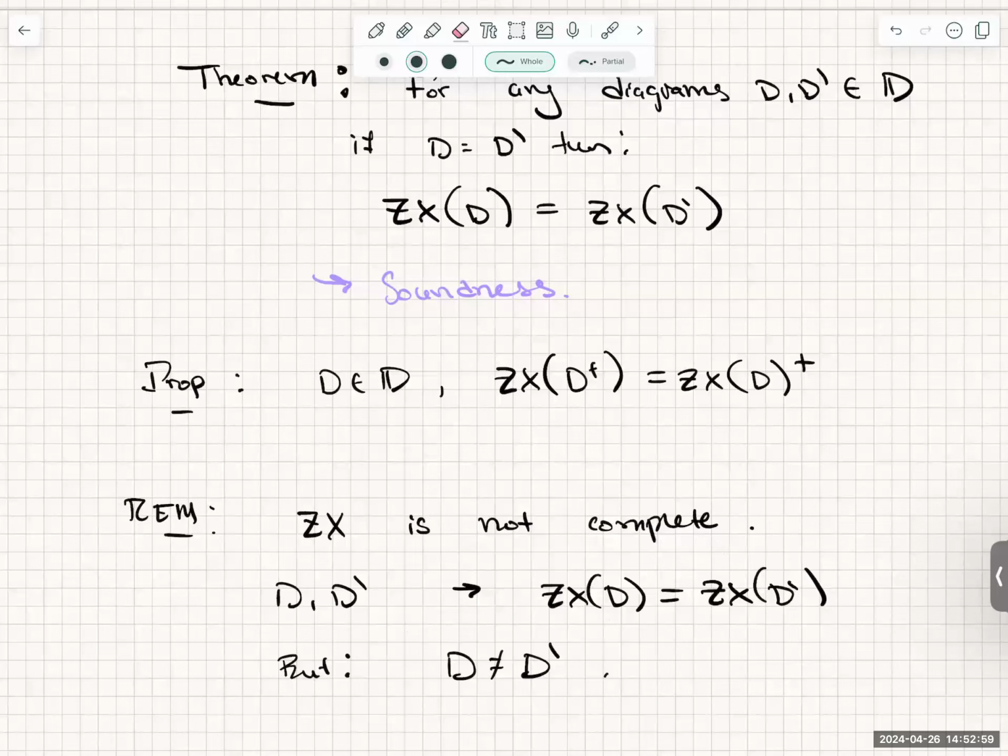Because you impose these rewrite rules, then you say ZX respects those, meaning if you can go from D to D prime with rewrite rules, ZX does the same thing. So that's good. Now you're saying the reverse doesn't happen. But saying it's not complete, I don't know. Is there a statement where you cannot write a finite number of rewrite rules such that ZX of D equals ZX of D prime would imply D equals D prime? Is there a statement like that?